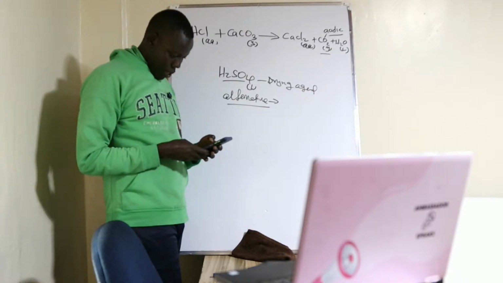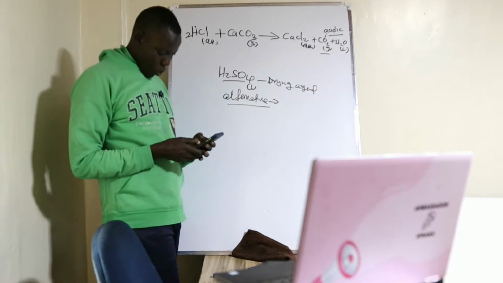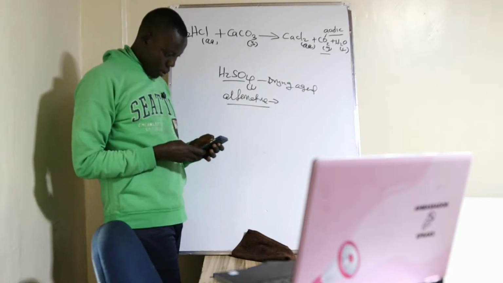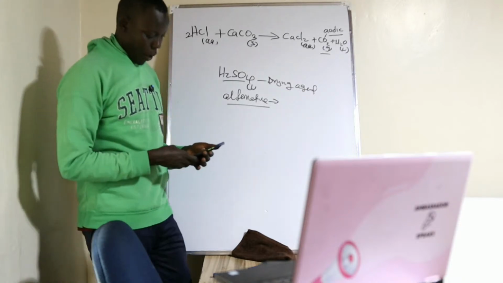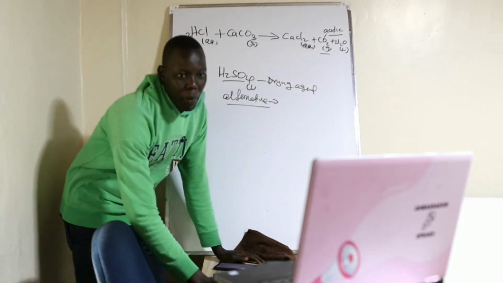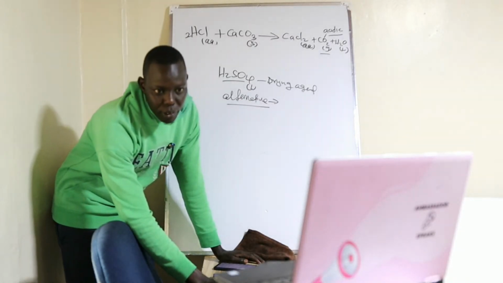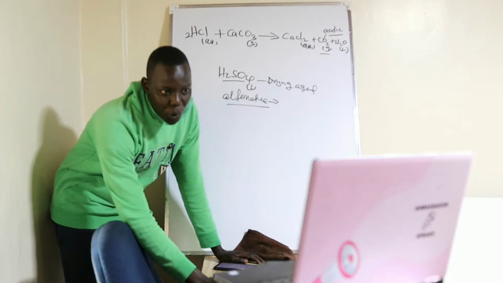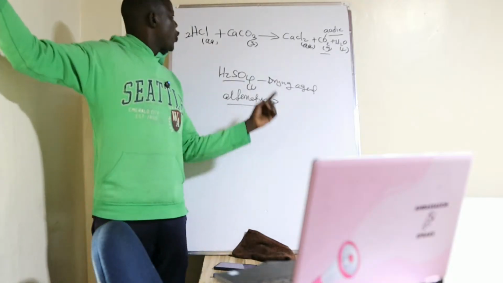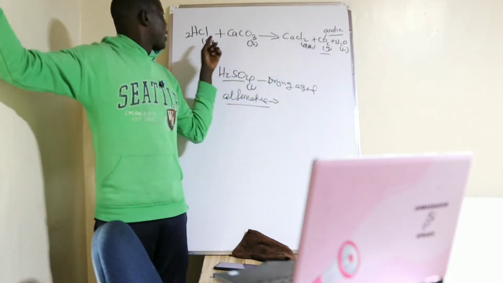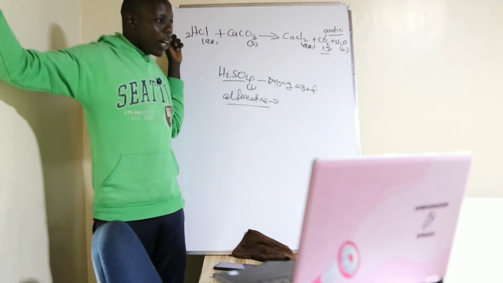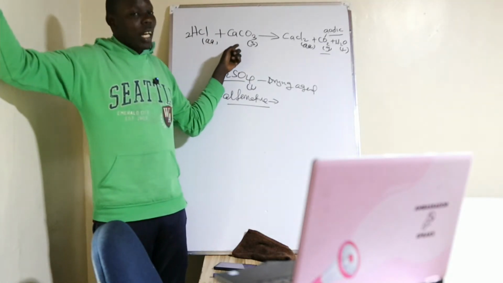Haya, nataka nimalizie. I was just checking on one two things here. Haya, wacha niangalie machama wangu wa shifting grades. What are you saying? Do you have any combination? Oh, repeat the question. I'm saying this. I've given you one way of preparing CO2 gas. That is hydrochloric acid to react with calcium carbonate.